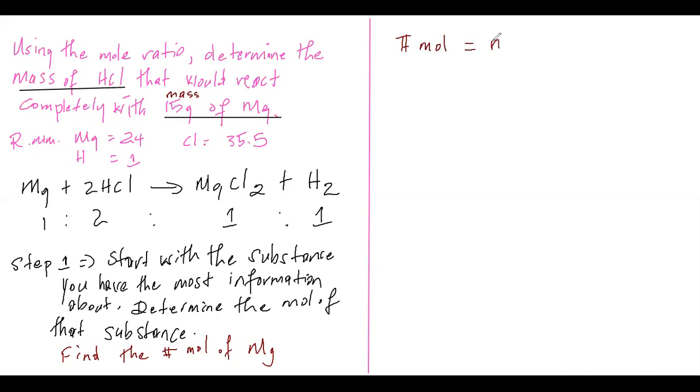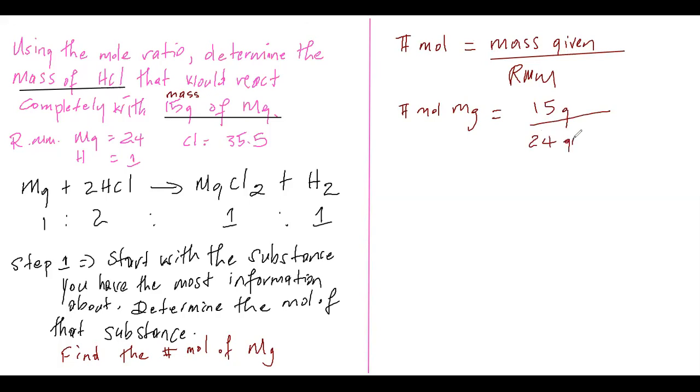Moles is equal to the mass given divided by the RMM. So for magnesium, it would be equal to the 15 grams that they gave us divided by the RMM, which is 24 grams per mole.